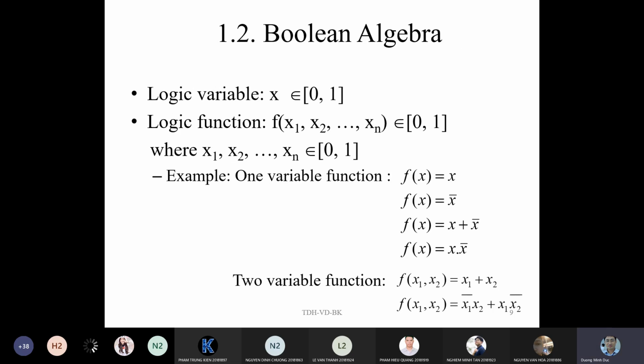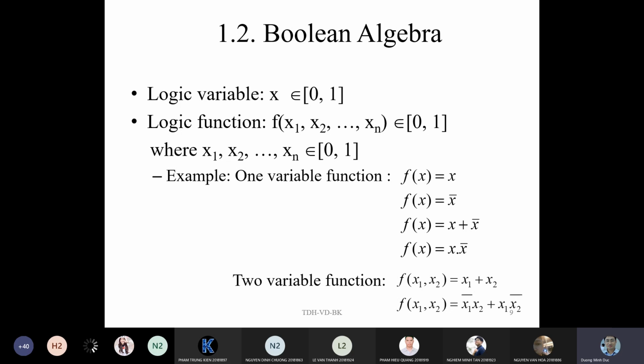So first we have the definition of the logic variable. As I mentioned in some examples last week, if some event or phenomenon or variable has only two values, like good or bad, right or wrong, close or open, then we can consider representing it as a logic variable.